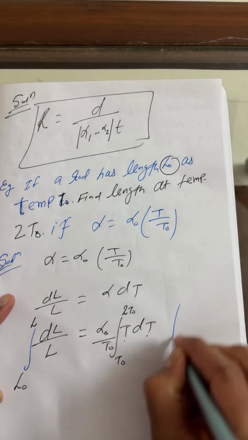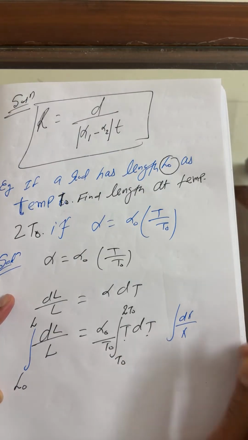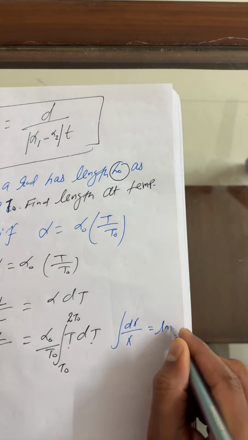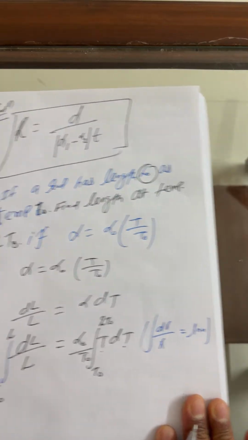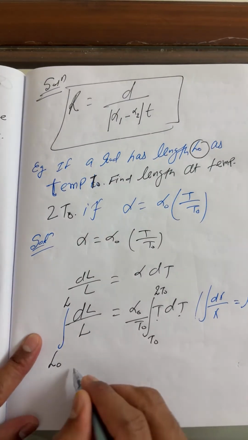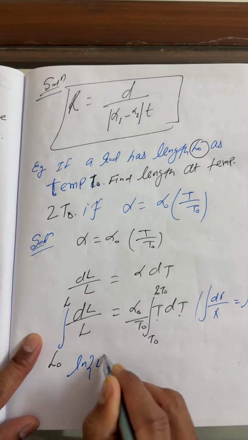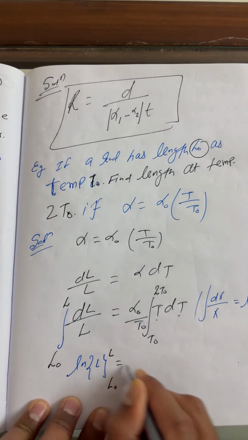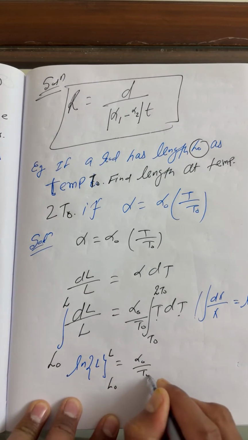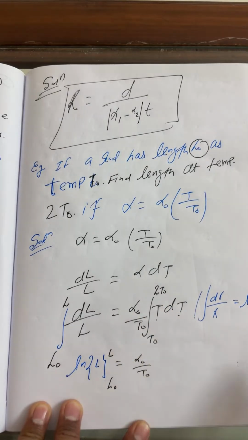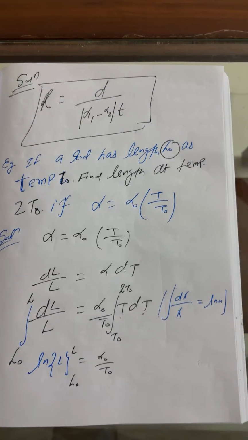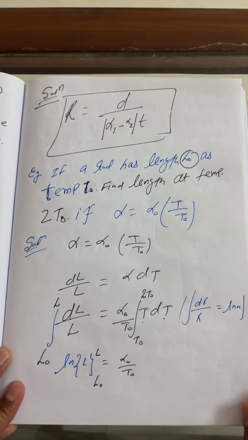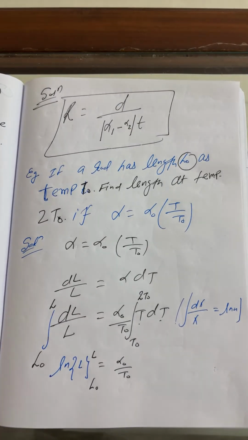Yesterday I said this integration is ln x, correct, Sagar. So this is ln of L. Apply the limits: ln L from L naught to L. Then alpha naught by T naught, integration. It's very simple; all of you can answer these questions easily.